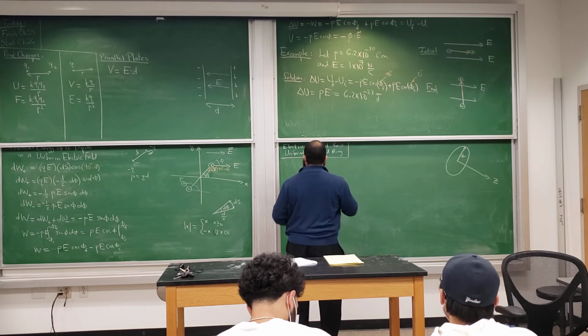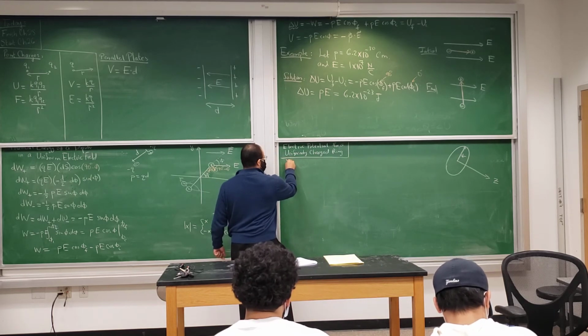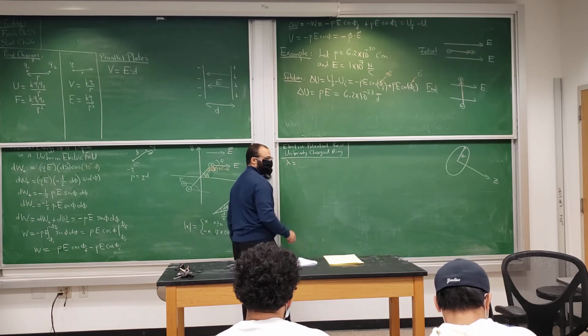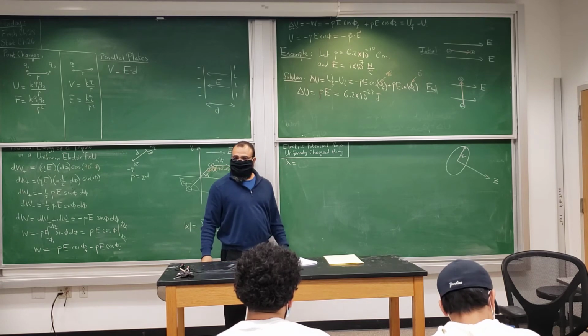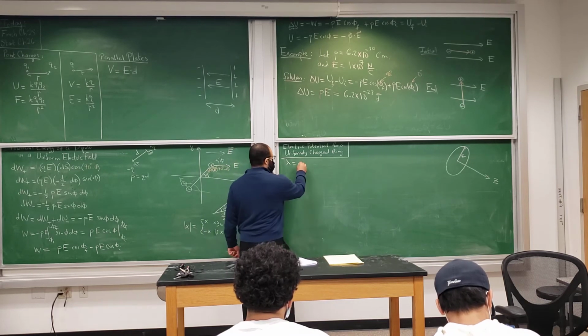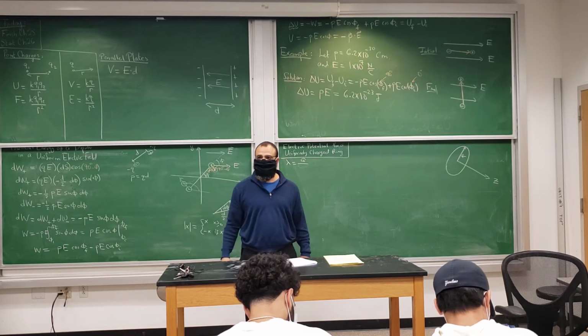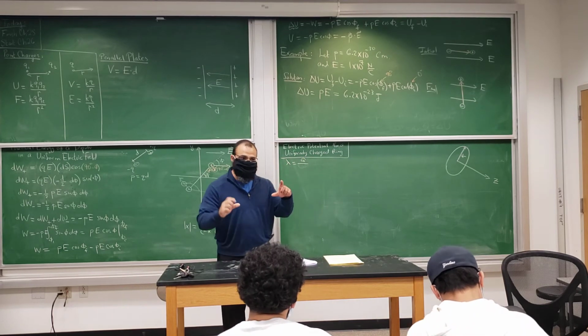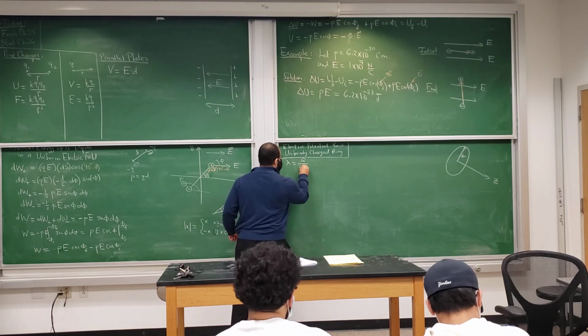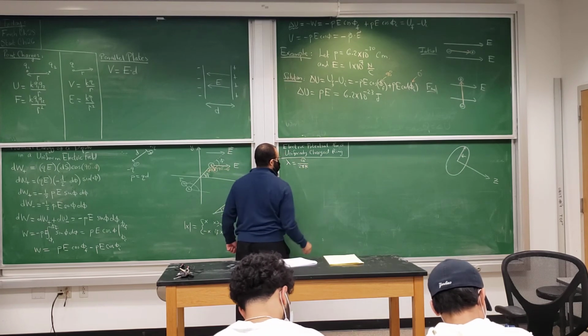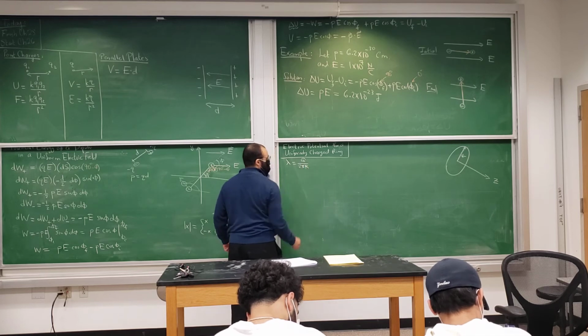Since it has capital Q on it, lambda, the charge per unit of length, would be the charge over the total length. The total charge is Q, but what's the length of the ring? The circumference, 2 pi R. So lambda is Q over 2 pi R.